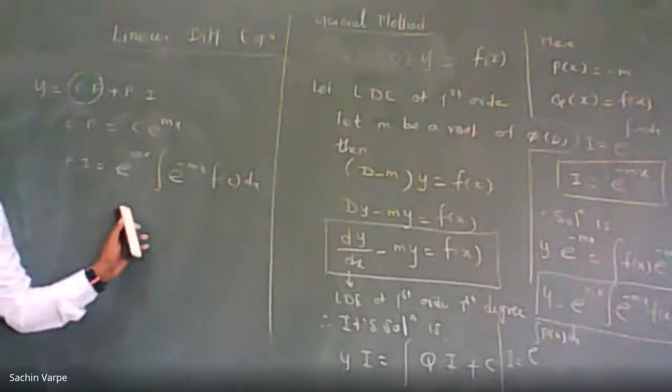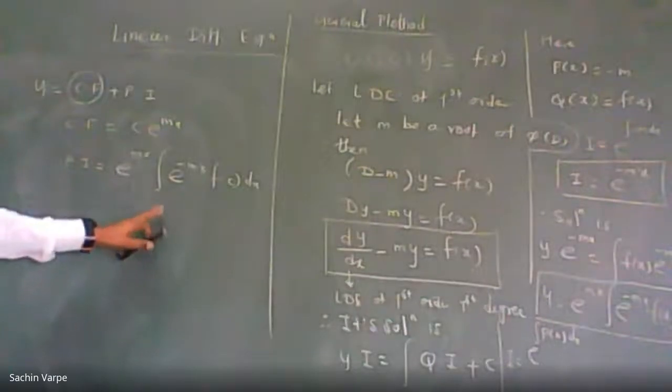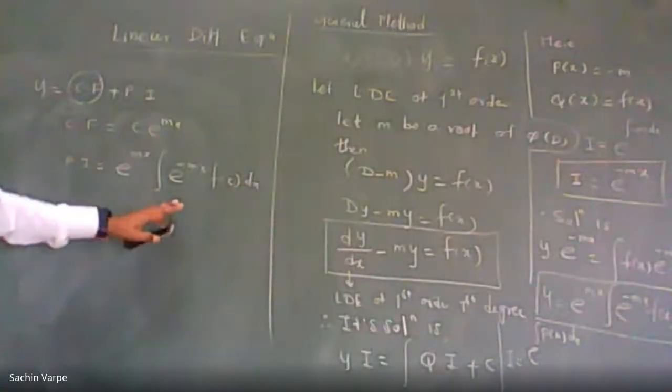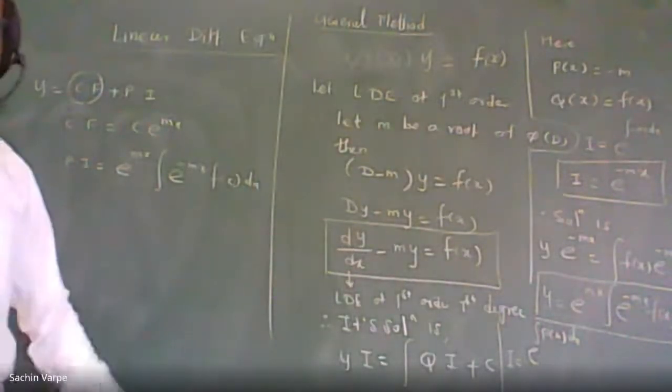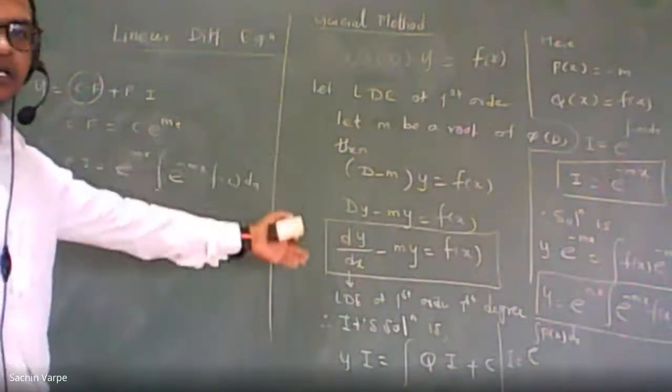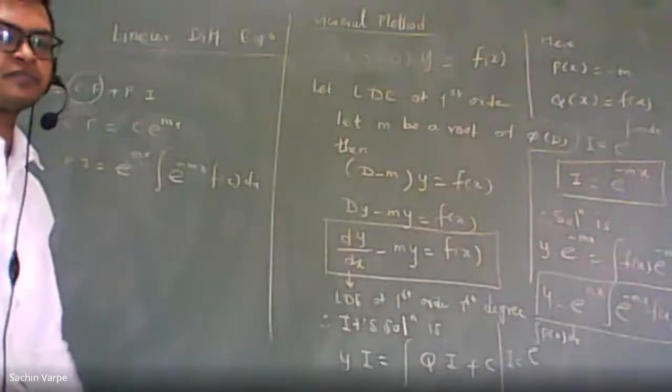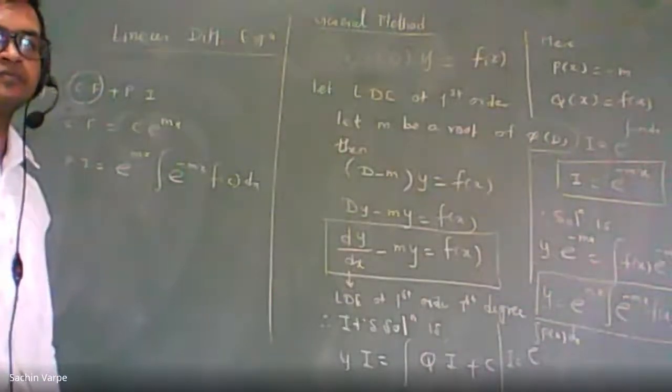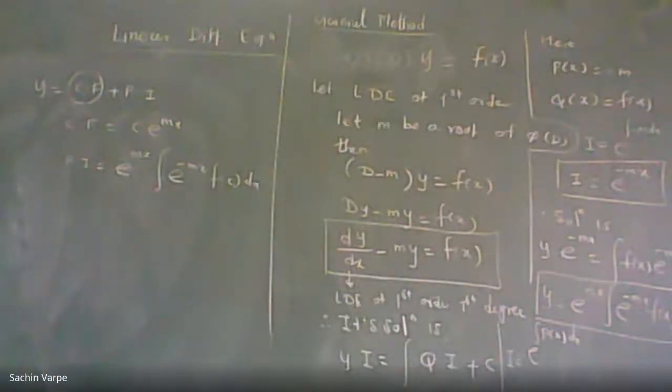Is it okay with the formula? Any doubt up to this? This is the first formula of particular integral. If you have a doubt in any of the steps, please ask. Any doubt, students?